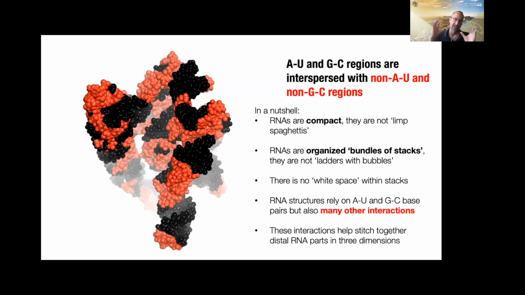So it's all of these interactions, like the pairing, the stacking, whether it's Watson-Crick or non-Watson-Crick, that helps stitch together this structure. They don't bring together distal parts, but they keep them in spatial proximity to lead to these particular structures that we can resolve using the methods of structural biology, whether it's cryo-electron microscopy, crystallography, or NMR in some cases.